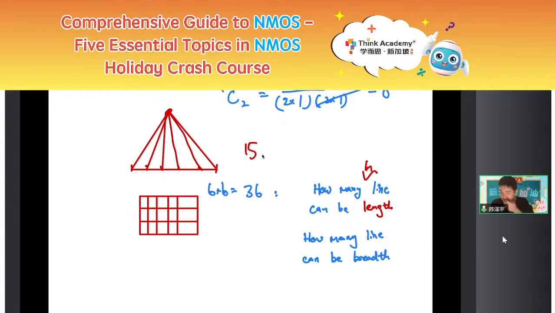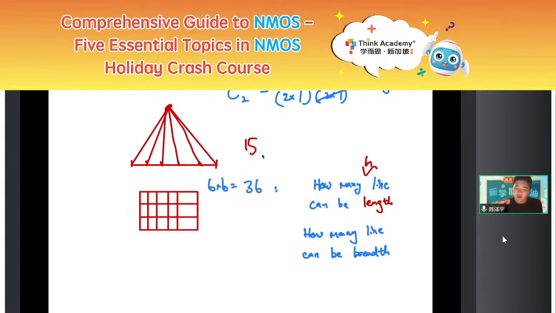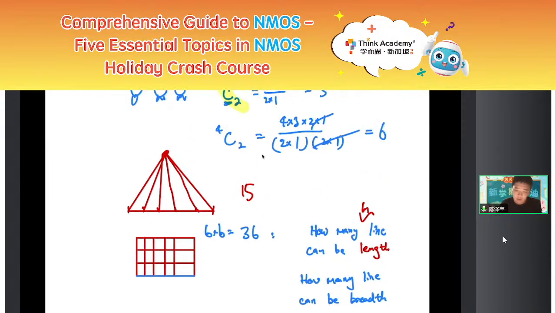Only 9. Not really. Yes. All right. I see some of you already get the correct answer. So, first of all, 72, 75, 84. Right. So let's once again think about how many different line segments can be the length. You can just focus on the line segments we have here, the horizontal line segments.